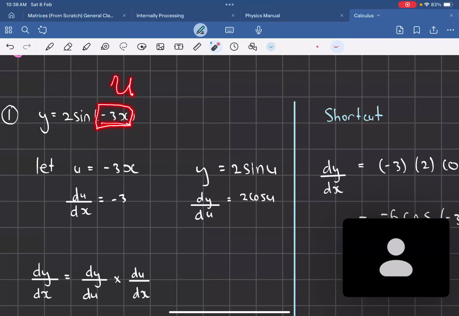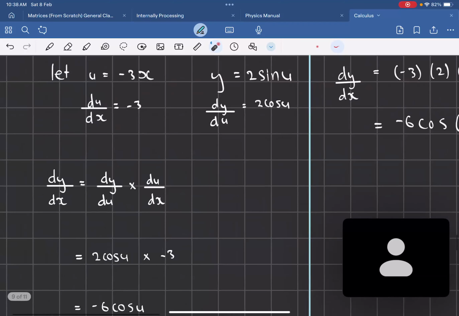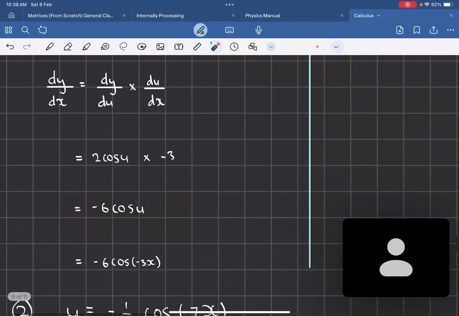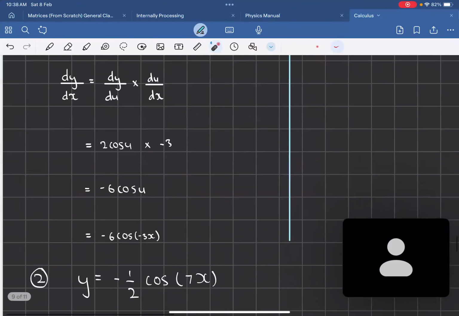And can we differentiate minus 3x? Yes. Could we differentiate 2 sine u? Yeah. So the goal was to simplify it and break it down into expressions we could differentiate, and then combine them using the chain rule. This is the chain rule, multiplying two different rates of change, and you get your answer. Anything over here confuse you?